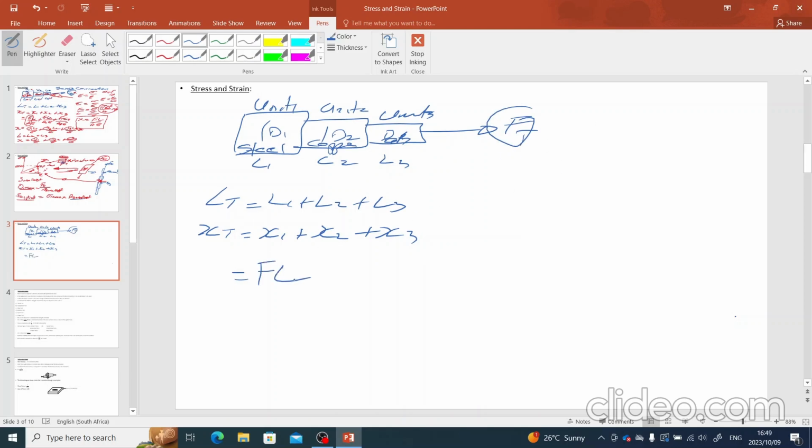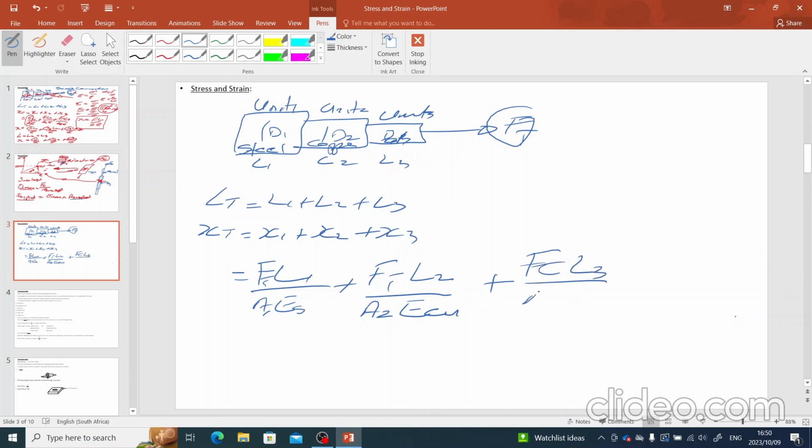It will be force total L1 over area 1 multiplied by Young modulus of steel, plus force total L2 over area 2 multiplied by Young modulus of copper, plus force total L3 over area 3 multiplied by Young modulus of aluminium. You can be given different types of material compounded in series connection. But when you calculate the total change in length, this is how you want to deal with them.